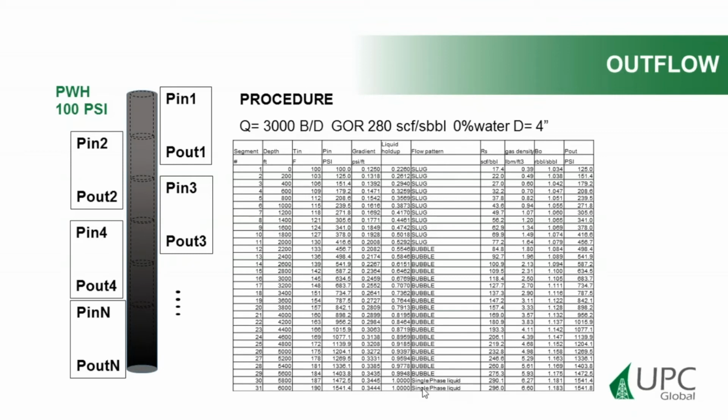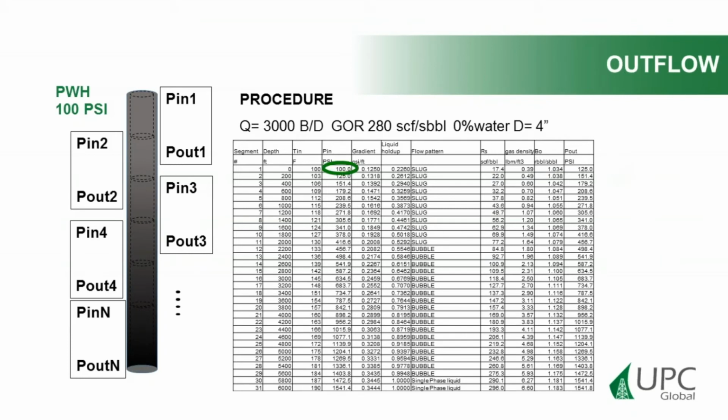Even single-phase liquid is at the very bottom; the last 200 feet are liquid in this case. We can see that at the very bottom all the gas is in solution. We can see the properties of the fluids, and they are changing.